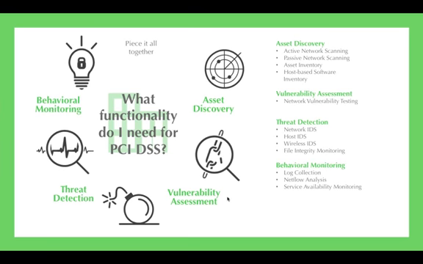But even going beyond that, we still want to take a look at it from more of a behavioral monitoring perspective. PCI requires that you collect your logs from all of your security devices and the assets that you have within the PCI cardholder environment, or really just the PCI environment in general.